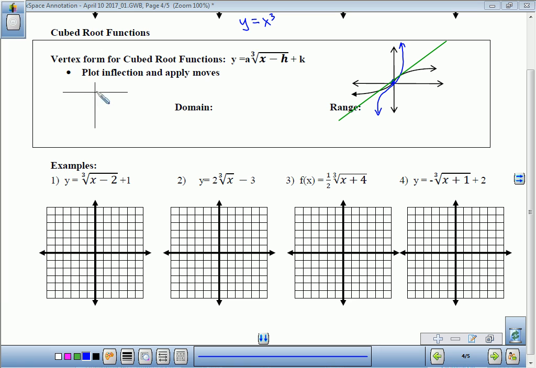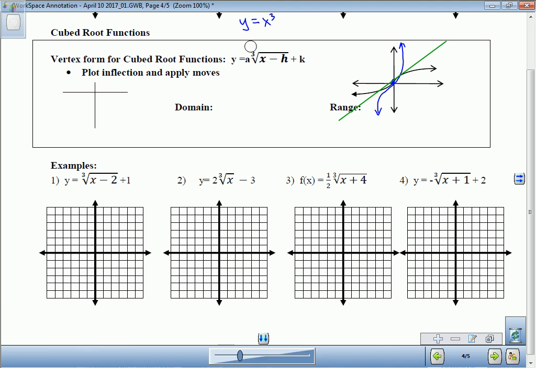That's pretty straight. Okay, so the neatest thing about learning to graph using transformations is it all works the same way. You just have to look at the function and it tells you what your x's need to be. So for cubed root, our x's need to be numbers that we can take the cubed root of.